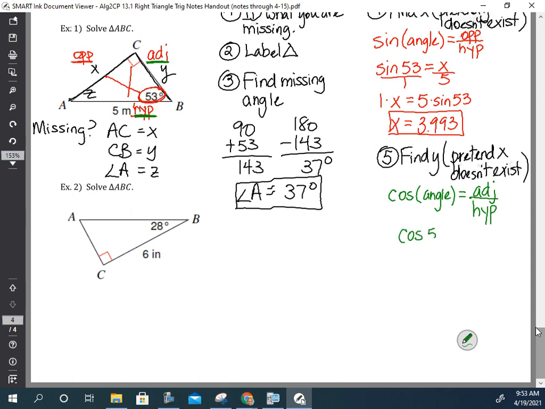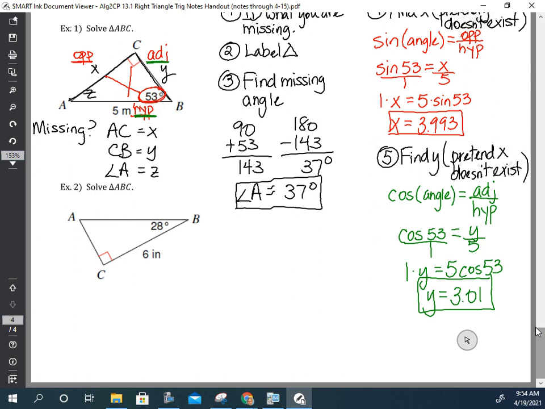So cosine 53 equals y over 5. Cross multiply. 1 times y equals 5 cosine 53. 1 times y is y. There's your y value missing in the problem.